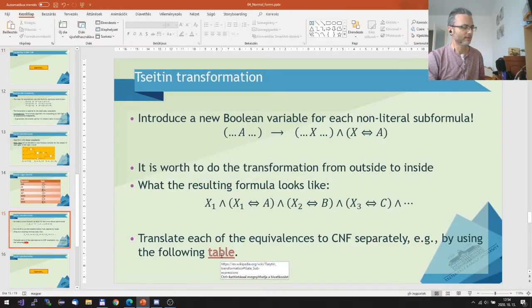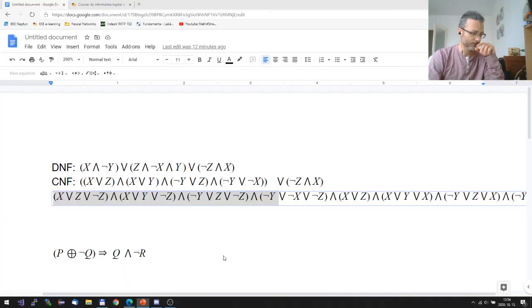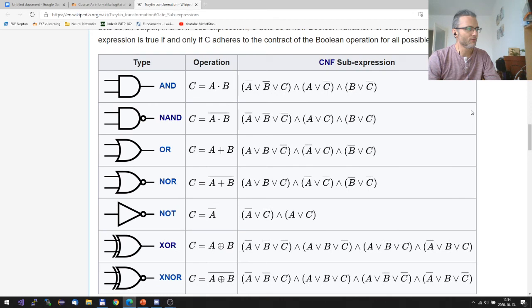tables you can find on the internet which can help you. So here I linked such a table from Wikipedia. Here it is, which tells you, without thinking too much, how to translate, for example, an AND connection to CNF.